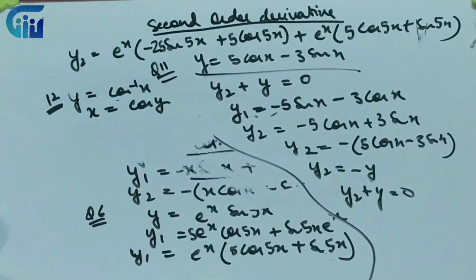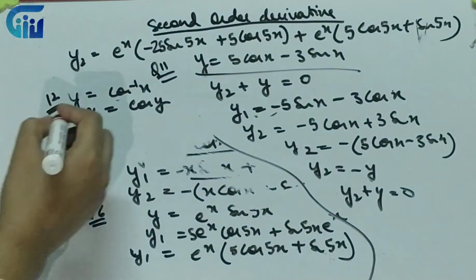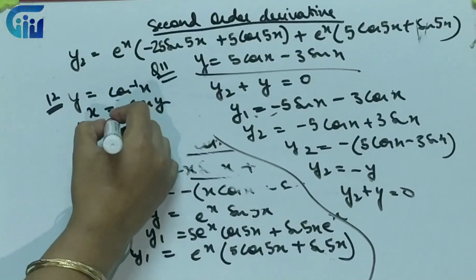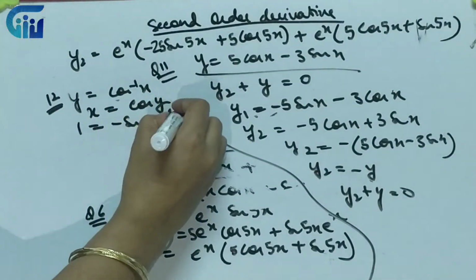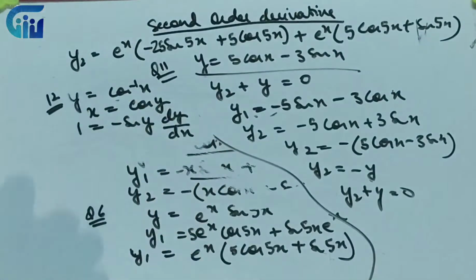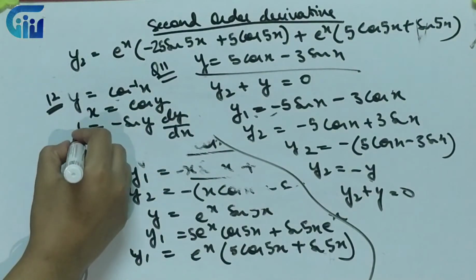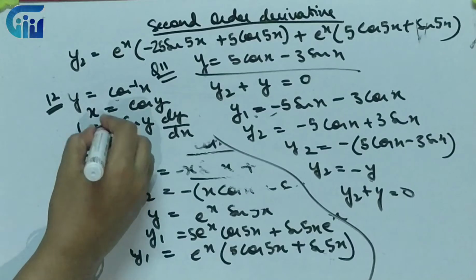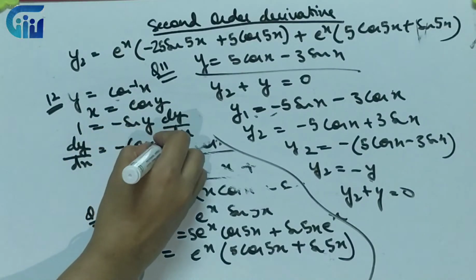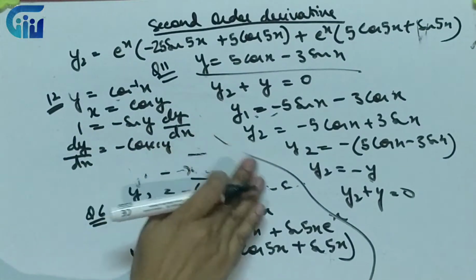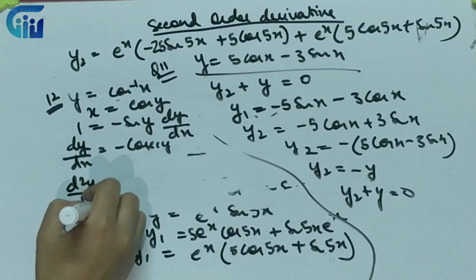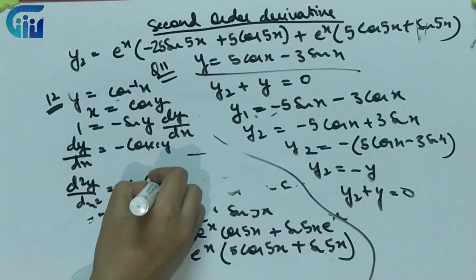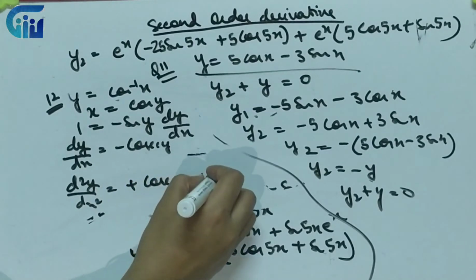So if I differentiate with respect to x, this will be 1 is equal to the derivative of cos y, which is minus sin y, and the derivative of y is dy by dx, right? So dy by dx will come out to be 1 upon minus sin y, that is minus cosec y, right? So moving on further, d square y by dx square will be plus cosec y into cot y.